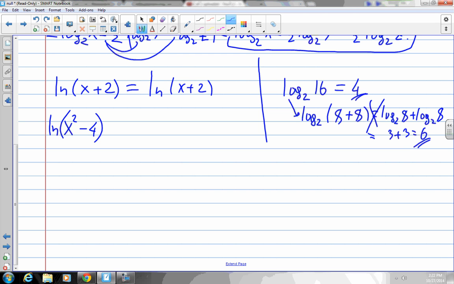If this whole thing was written like that, then yes, I can bring that 2 down because the whole thing is squared, and that becomes 2 natural log of x minus 4, and we're happy, because we did something with this. And I cannot do anything with natural log of x minus 4.